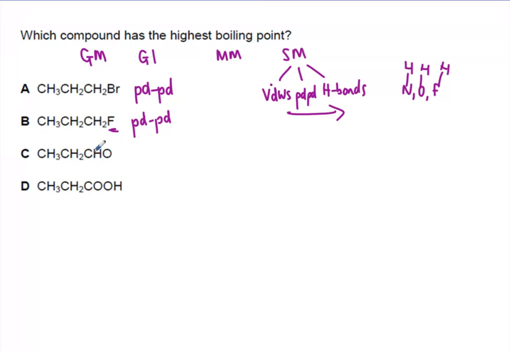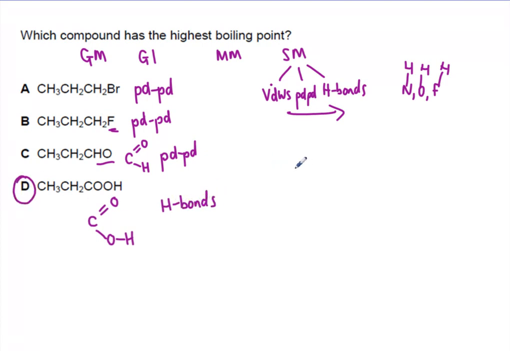Here, again, trying to trick you by making you think they're connected, but this is an aldehyde, you have to know your chemistry. So this is again permanent dipole, and here in this last one, now the H is attached to the O. So we've got hydrogen bonds between the molecules, so D will have the highest boiling point because hydrogen bonds are stronger than PD.